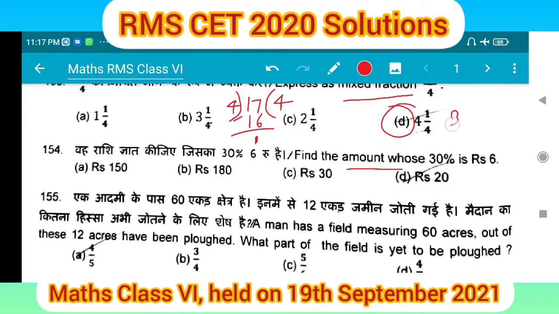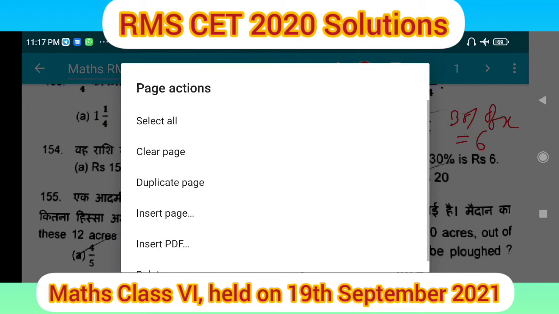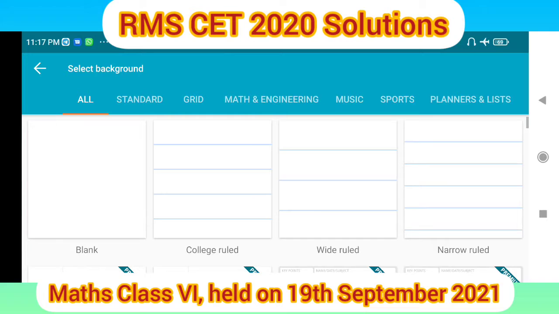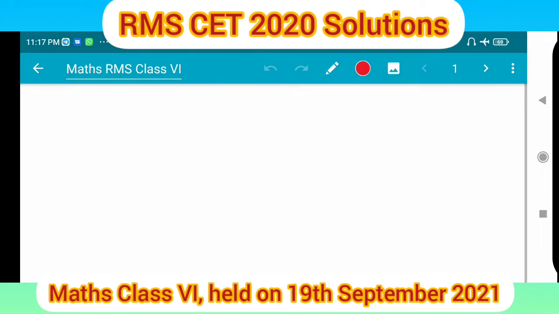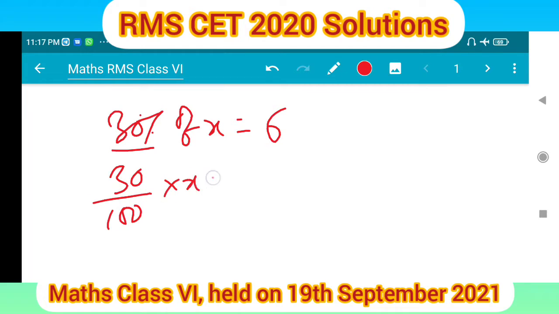So 30% of x is equal to 6 rupees. 30% of x means 30 by 100 into x is equal to 6.